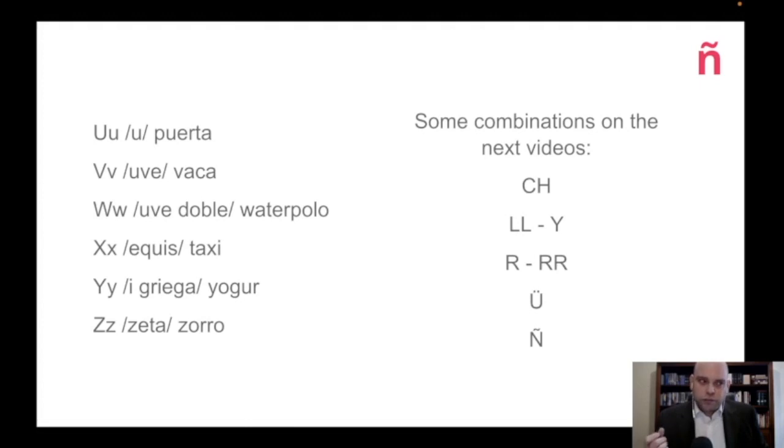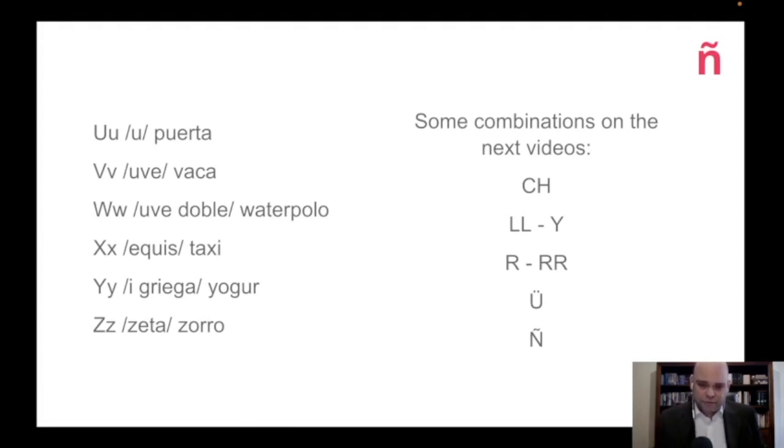But we used to call it che in the past, and we will learn, as I said, in a specific lesson, this combination. Then we also learn the combination double L and Y, which are normally pronounced the same, but there are some specifications from some Spanish-speaking countries. So we will dedicate one lesson to the combination double L and the Y.